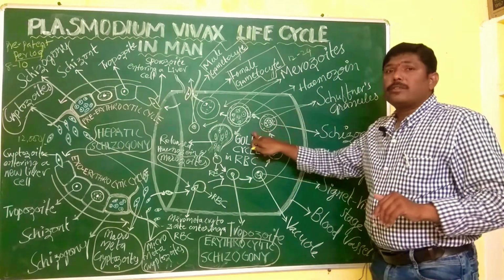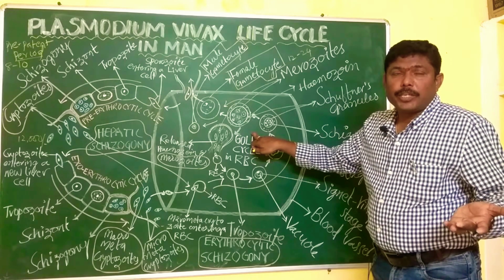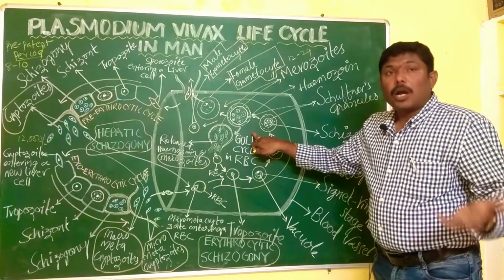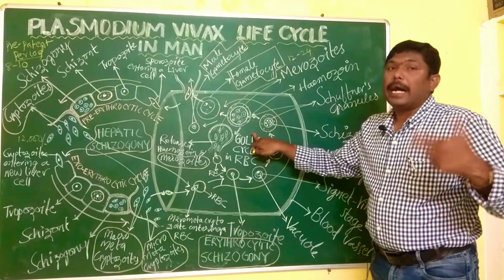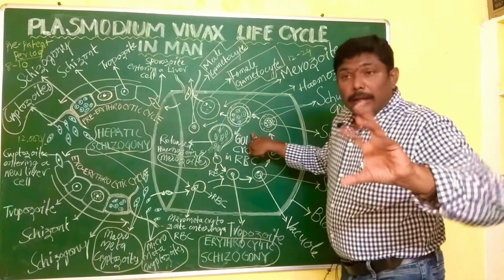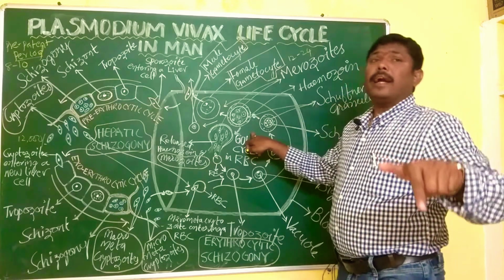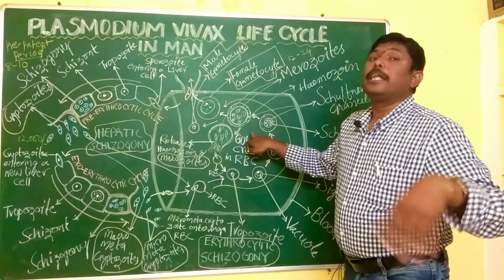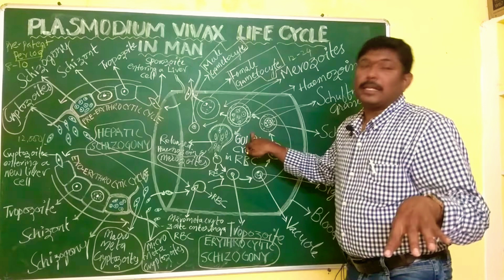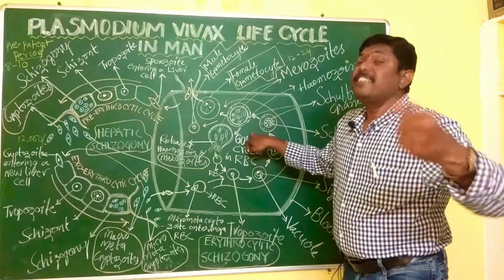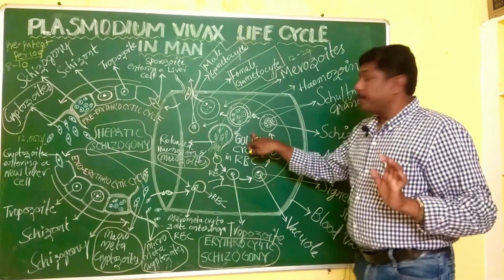And those merozoites may be arranged irregularly or they may be arranged like petals in a rose. If they are arranged like petals in a rose, then we call that stage as a rosette stage.